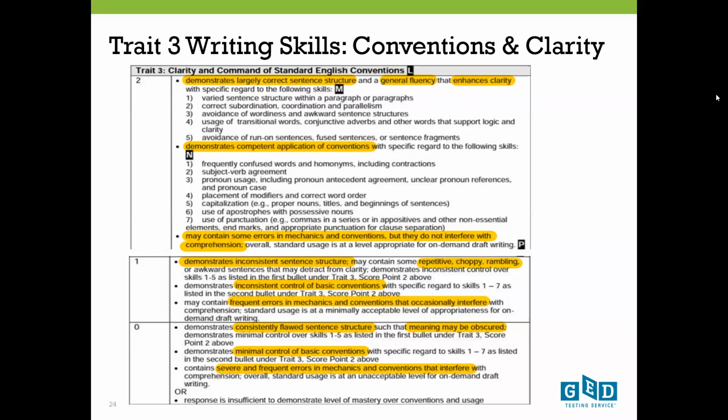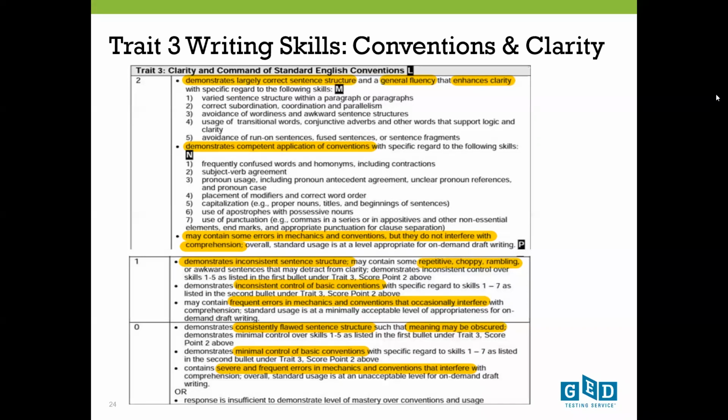The next dimension is demonstrating competent application of conventions. And so you can look through this list here of all these examples of the use of homonyms, subject-verb agreement, pronoun usage, the use of modifiers, capitalization, punctuation, apostrophes, etc. At the 2-point level, the student may exhibit some errors in mechanics and conventions, but overall, they're really mastering this, and the errors they do make are not interfering with the comprehension.